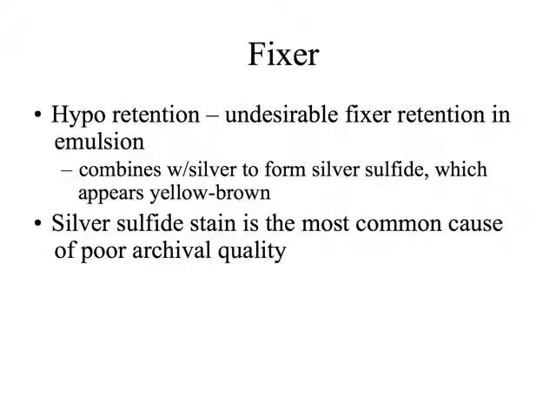And it will appear as yellow-brown, right? And this silver sulfide stain is going to be one of the most common causes of poor archival quality. Remember what we were talking about with the medical legal considerations? If we leave this stuff sitting around, it was not properly developed, it's going to start to stain, right? We're going to start to lose some of our image to this hypo retention, okay?